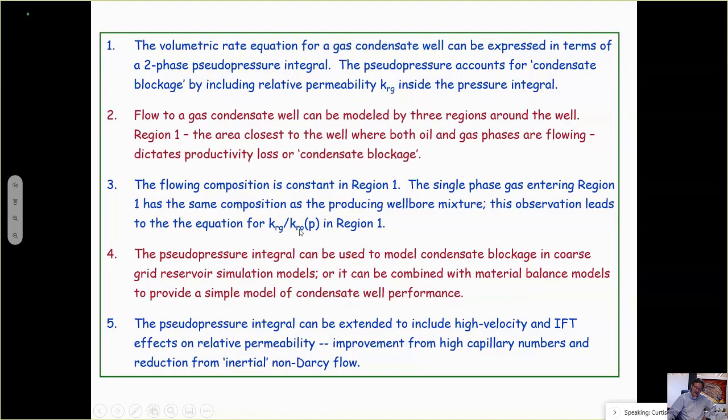The single phase gas entering from region 2 into region 1 has the same composition as the producing wellbore mixture of the well stream. We derived that KGKO relationship. The pseudopressure integral can be used to model condensate blockage in coarse grid reservoir simulation models, or it can be combined with just general material balance models to provide a simple model for condensate well performance.